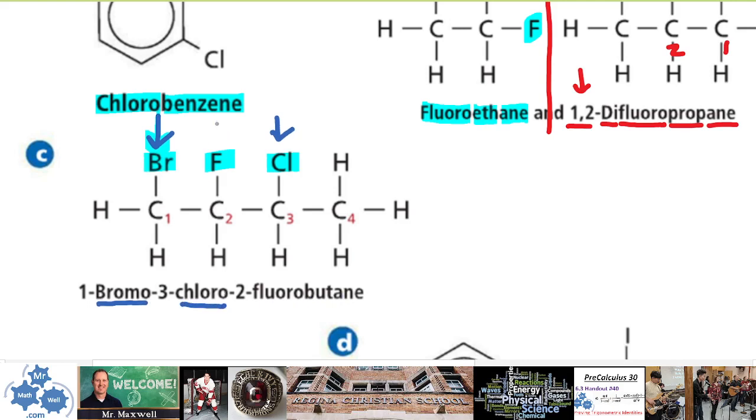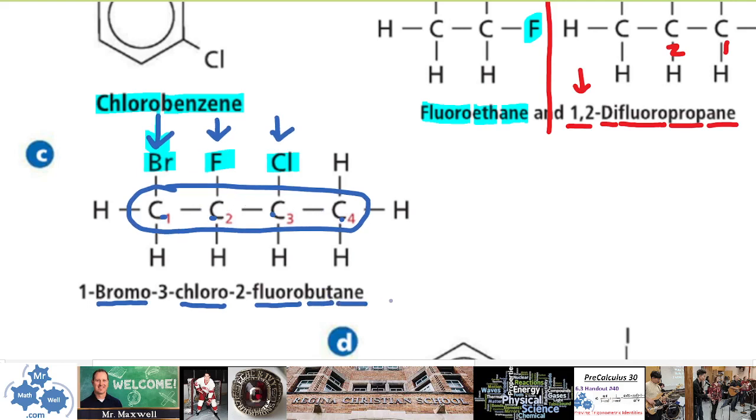And then finally, the last one is fluorine. And that's on the second carbon. So 2 fluoro. We've got all the halogens listed here now. So now you go ahead and focus on what chain they're on. This is meth, eth, prop, bute. It's bute. All the single bonds there mean it's an ane. Okay? So that's how you name that.